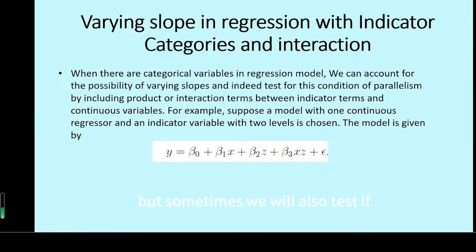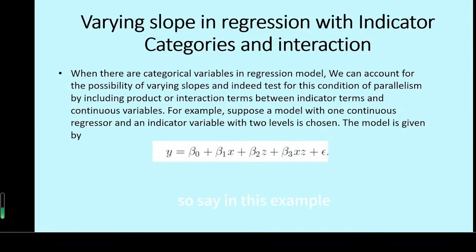But sometimes we will also test if the dummy variable values will have an effect on the slope. Which means if the dummy variables have an interaction term with the continuous variable.